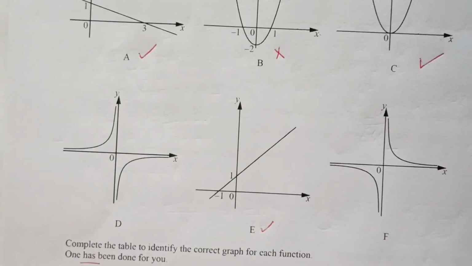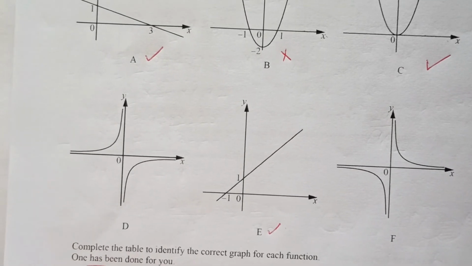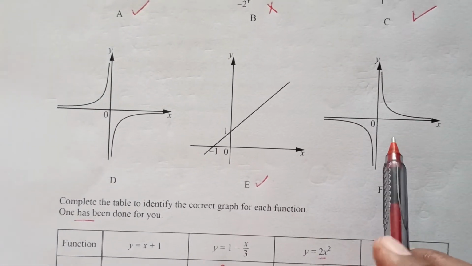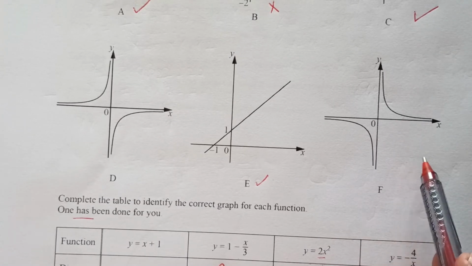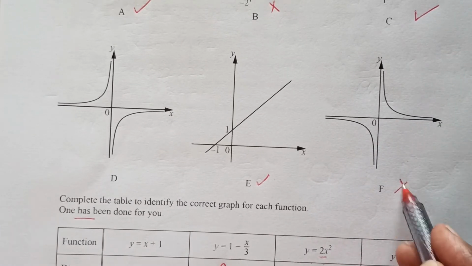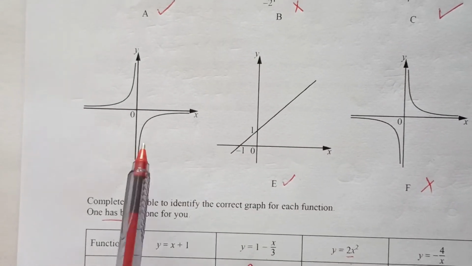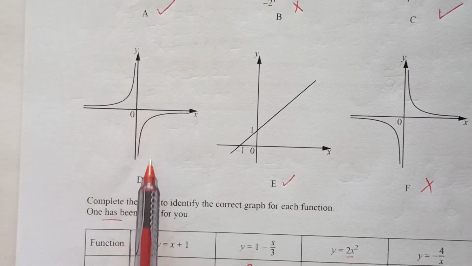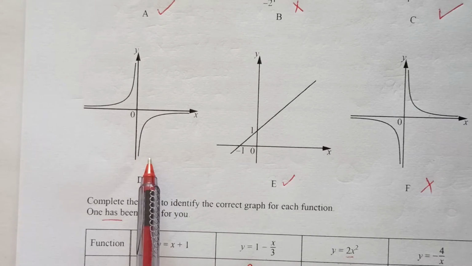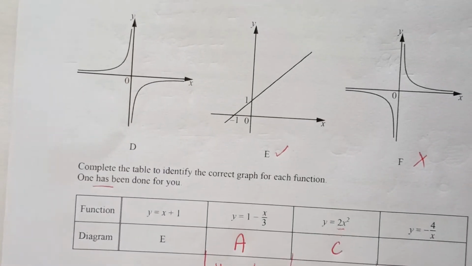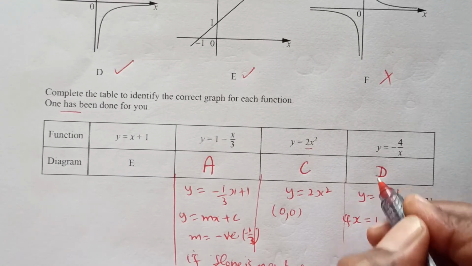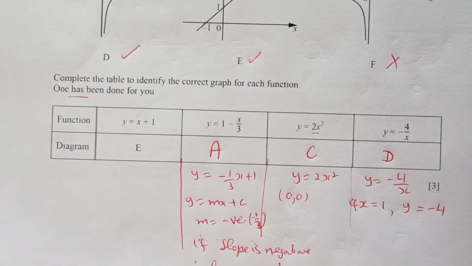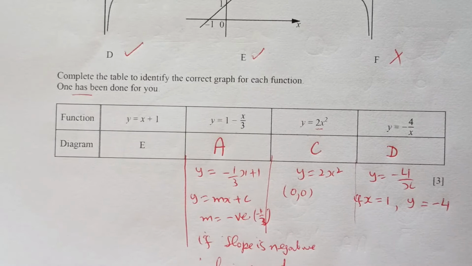If x is 1, y is negative 4, but our graph is upward. So this option is gone. Here we can see if x is 1 somewhere here, the graph is in the negative axis. So that means this D will be our next answer. This is how you can figure them out one by one.